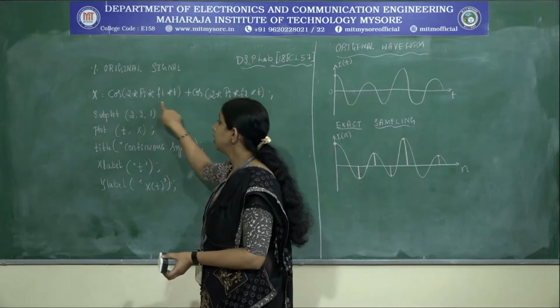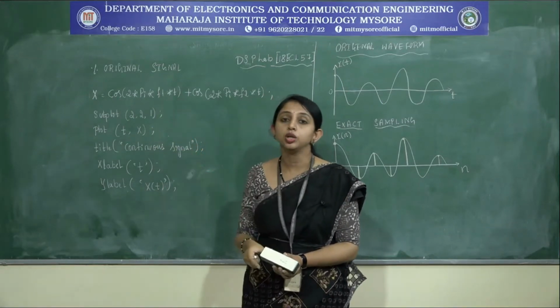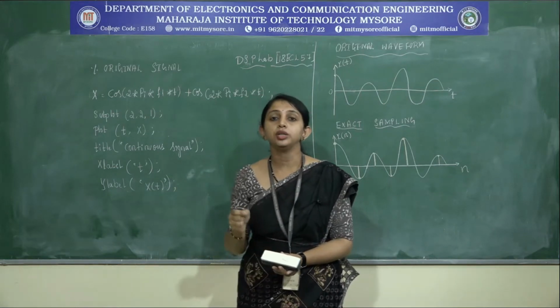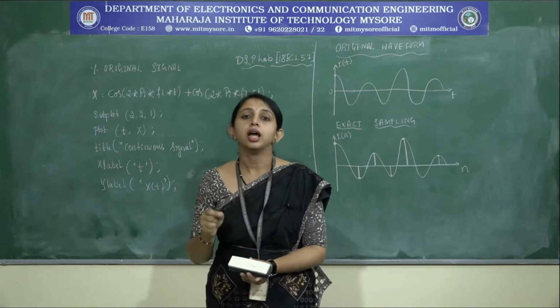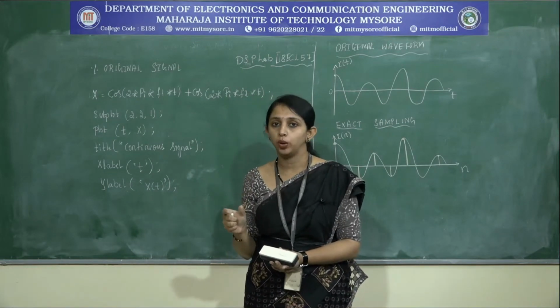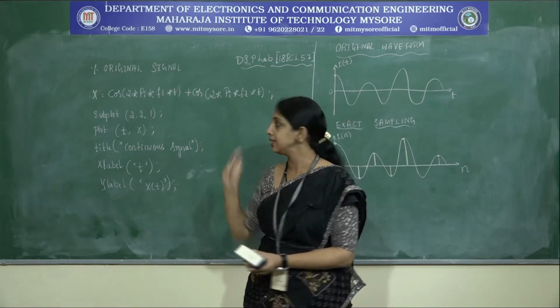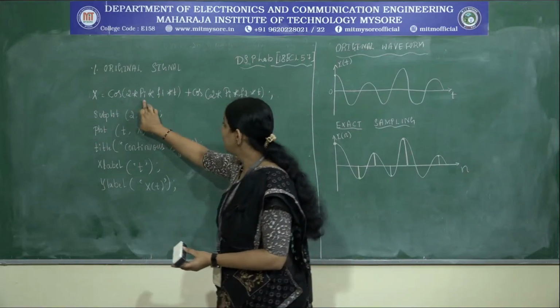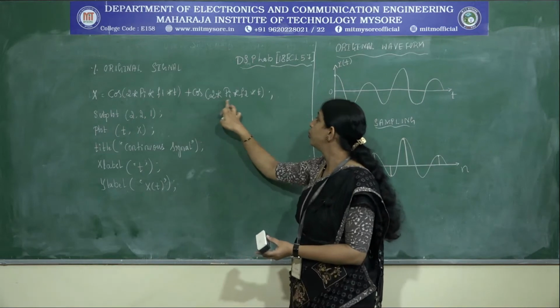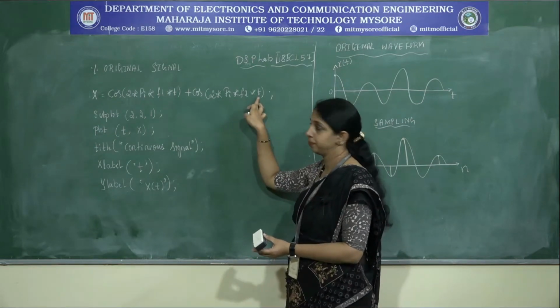For a cosine wave, we have a standard equation cos 2 pi ft. Since I am considering two different frequencies, f1 and f2, I am writing this cos wave equation for two frequencies: cos 2 pi f1t plus cos 2 pi f2t.